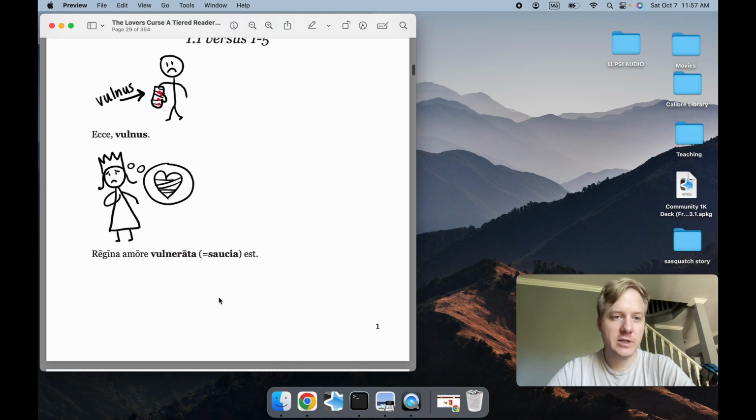And then we have another one to explain another word, regina amore vulnerata, or saucia, which means to be injured. Here we're using a cognate with English. Is that a cognate with English? I don't even know. But it's a word that's a little bit easier to recognize, meaning injury. And then saucia, I think that's pronounced right, I don't know. That is a little less common or a little less obvious what it means, but we can make the connection between the cognate and the pictures that we see here.